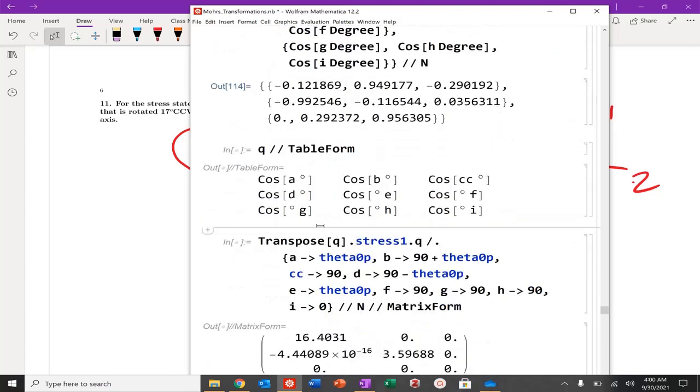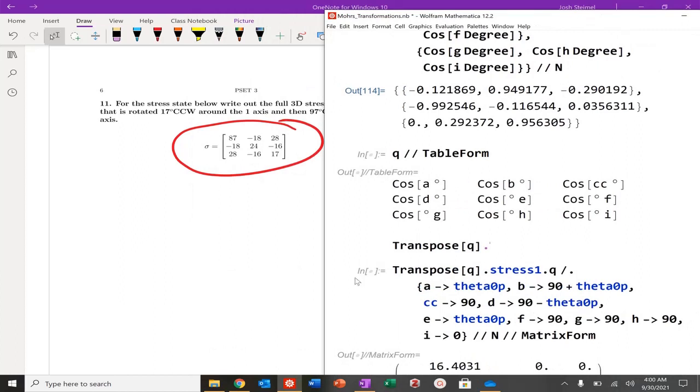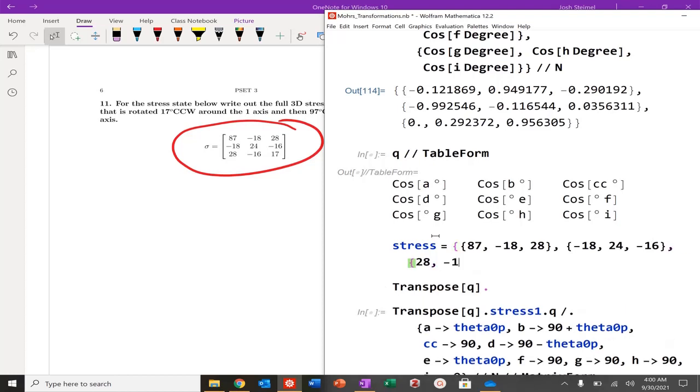And I'm going to do transpose Q dot, let's go ahead and write out the stress tensor. So my stress equals 87, minus 18, 28, minus 18, 24, minus 16, 28, minus 16, 17.